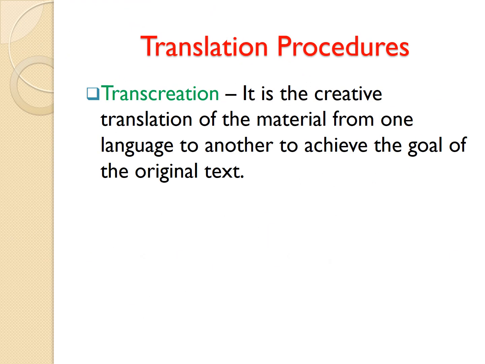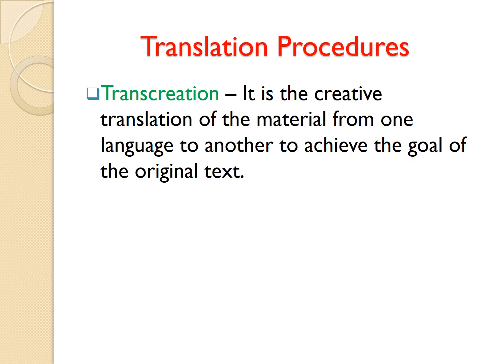The next procedure is transcreation. It is a creative translation of material from one language into another to achieve the same goal as the original text. So we are going to take only the content of the text and translate that content into the target language text to fit the cultural background of the target language.